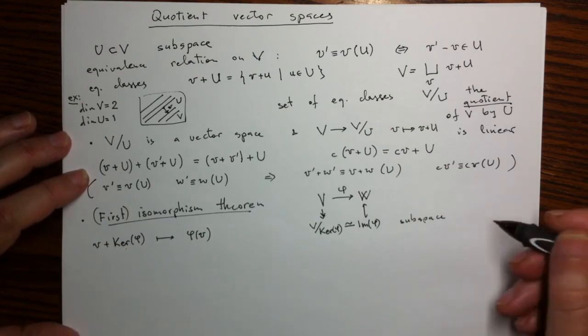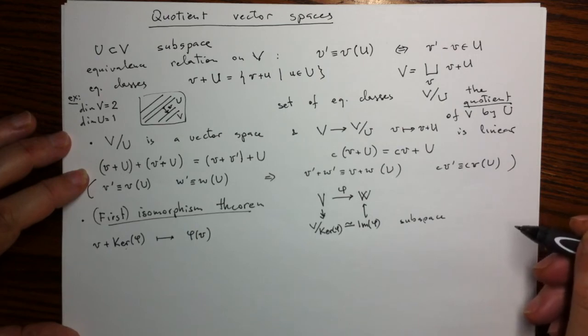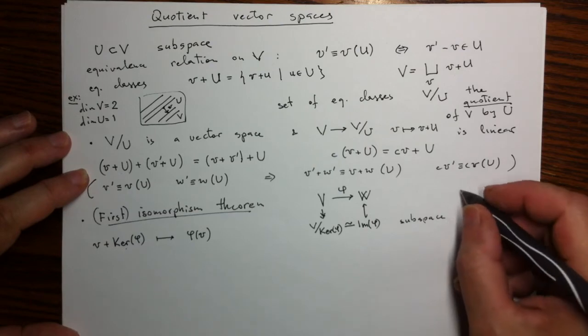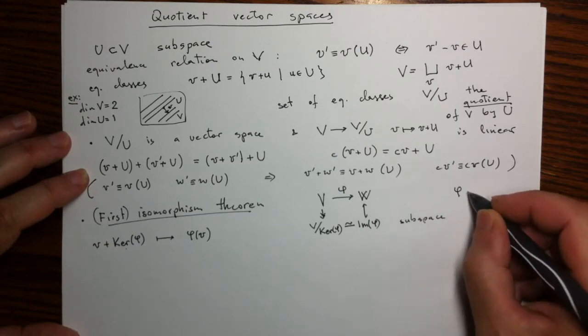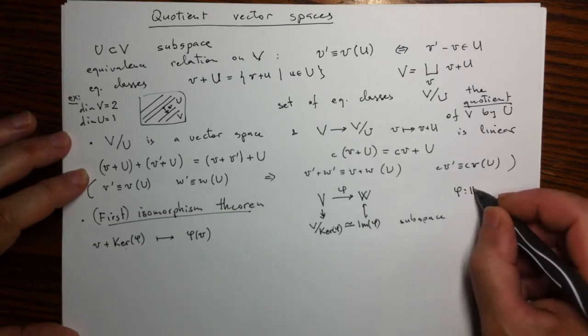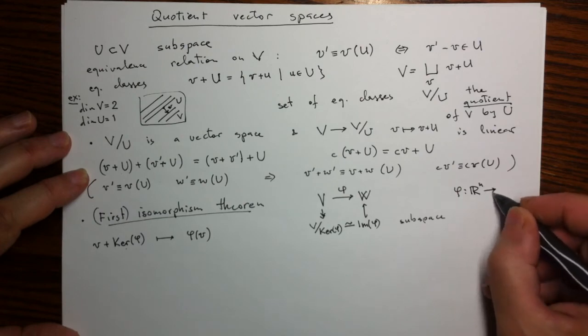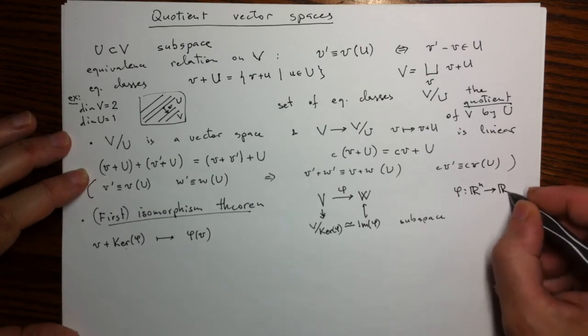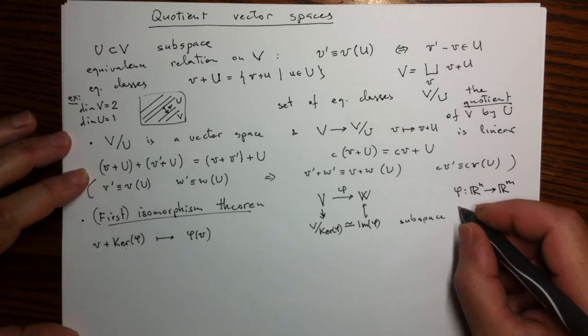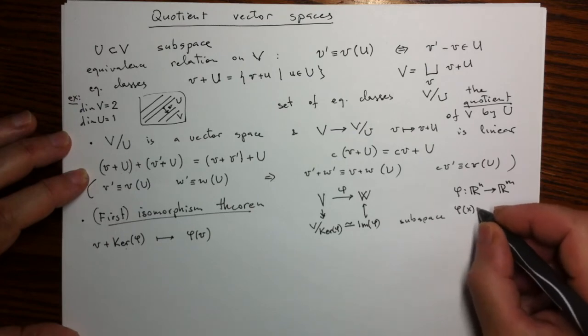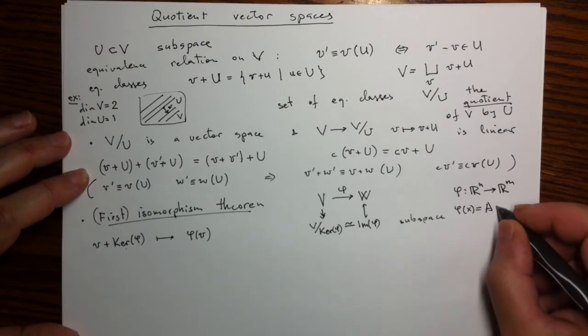Well, the application which immediately comes to mind is the following. If we just take the case of coordinate vector spaces, a linear map between two such, we know that such a linear map is always given by matrix multiplication.